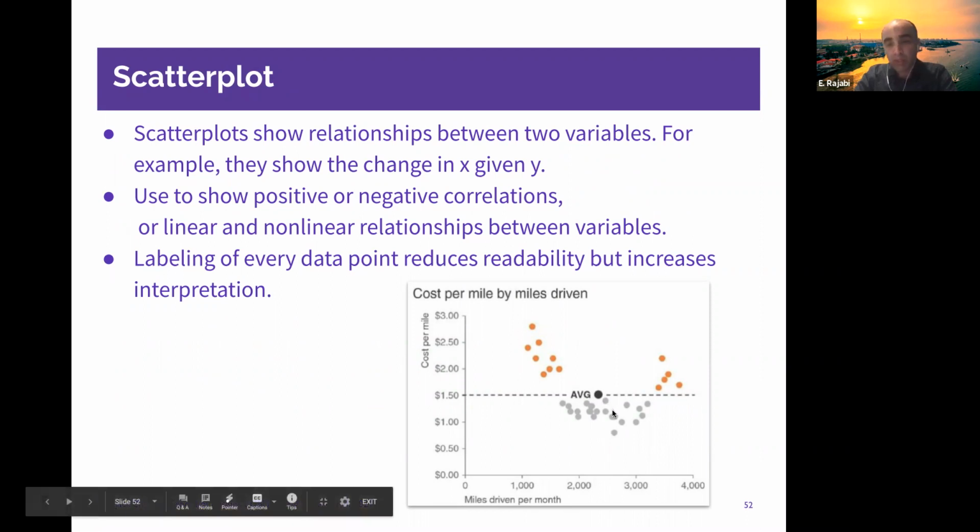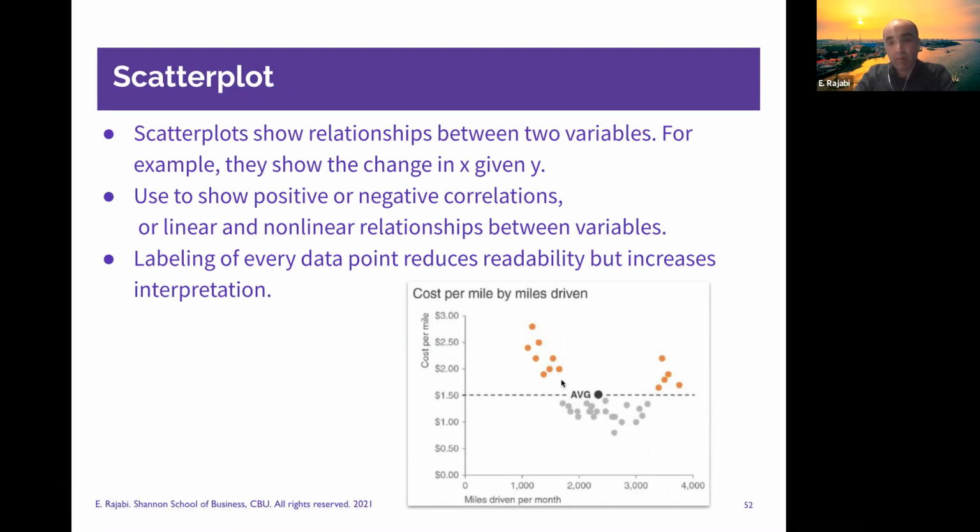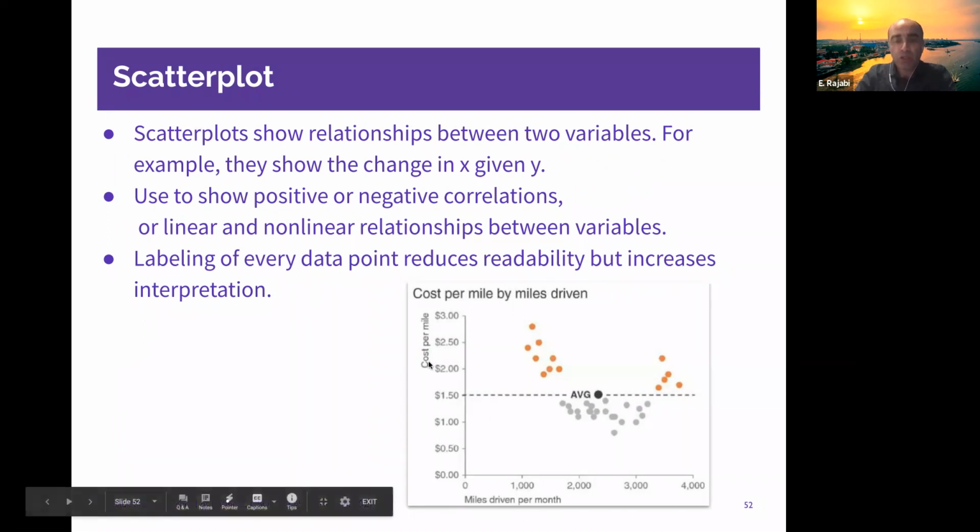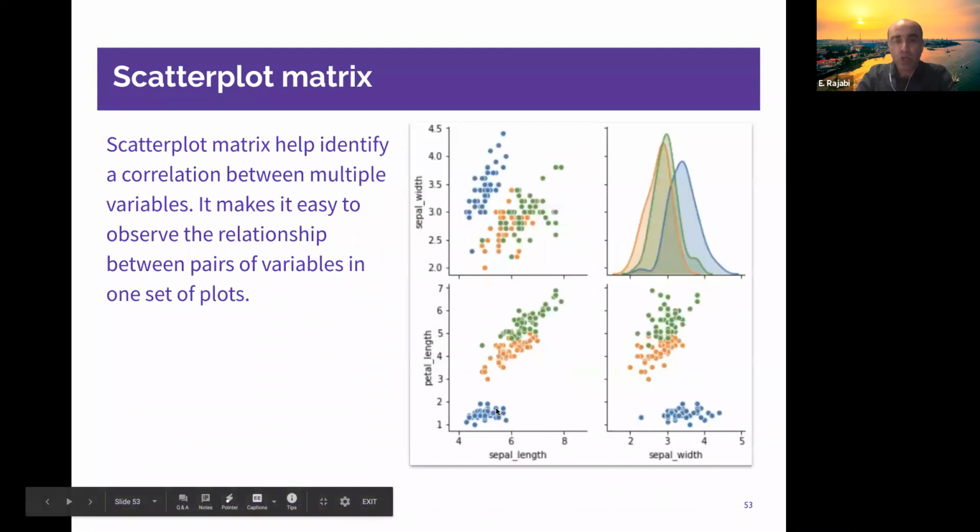Labeling is very important. Label just the points that you want to be highlighted, for example, in a scatter plot. Sometimes you have more than two variables and you want to show the relationship between the variables in all the columns that you have.